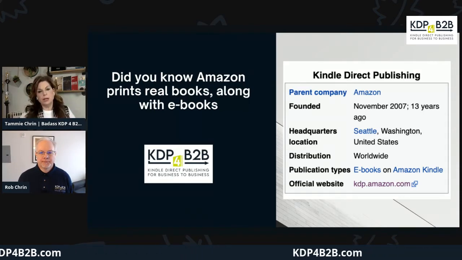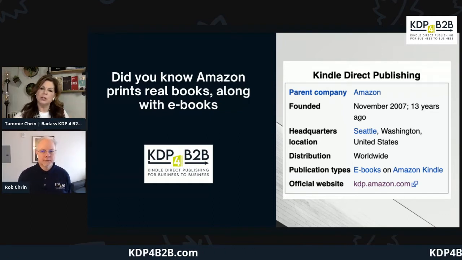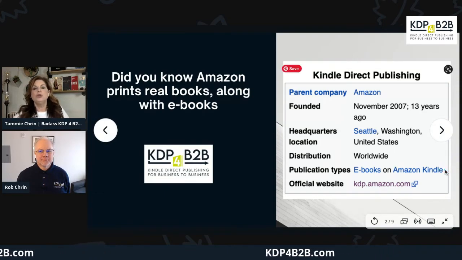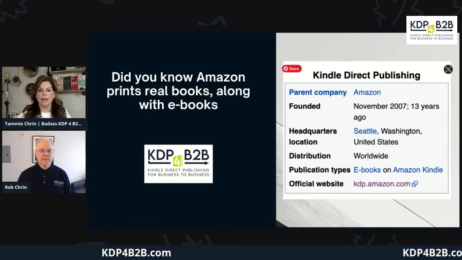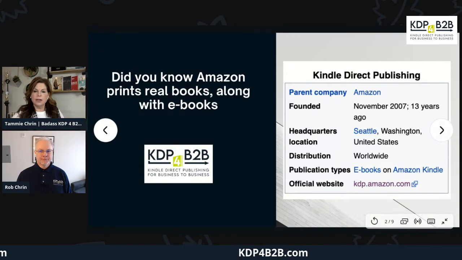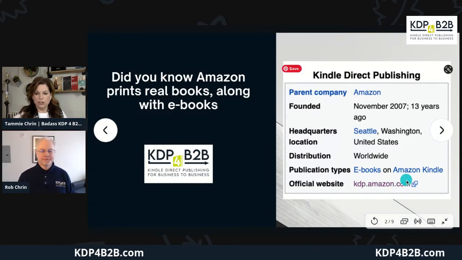Because the name is a little bit tricky with the Kindle, that throws everybody off. You'll be publishing real books and using Amazon's print on demand. It started 13 years ago as just ebooks, so that's where everybody gets a little confused.